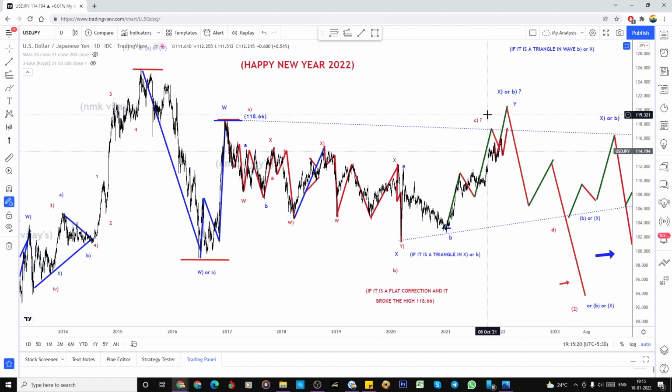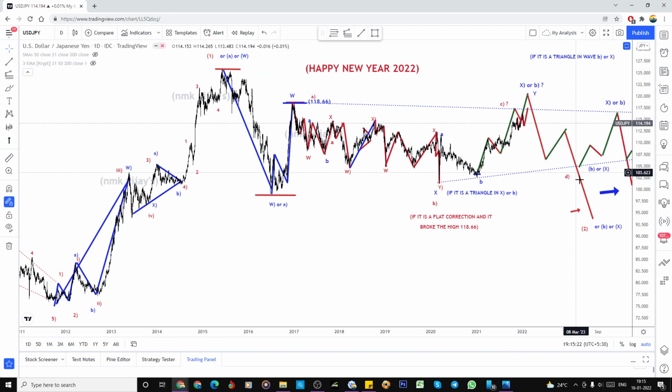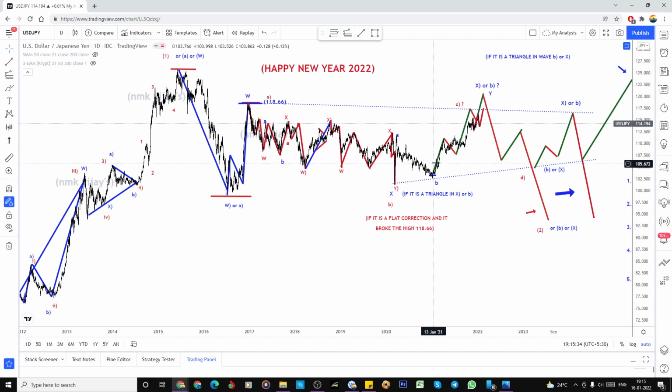Once it breaks, I'm expecting this kind of price action. So this kind of price action we need here. Whether it is going to break above the high, it's possible.